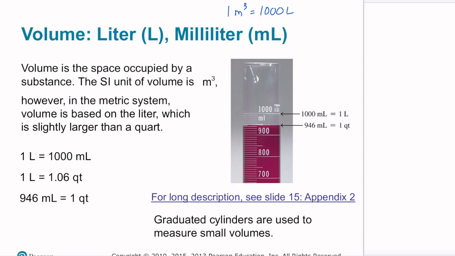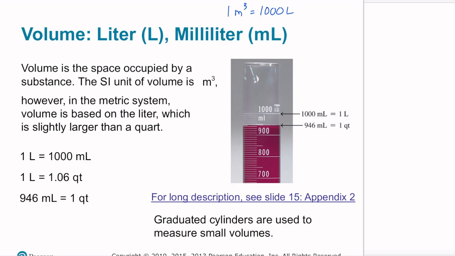Volume is the space occupied by a substance. The SI standard unit of volume is cubic meter, but in the metric system, volume is based on the liter. We can see here a graduated cylinder, which is used to measure small volumes. It's not extremely accurate and isn't quite as accurate as, say, a pipette, but it's often used where high accuracy isn't needed.